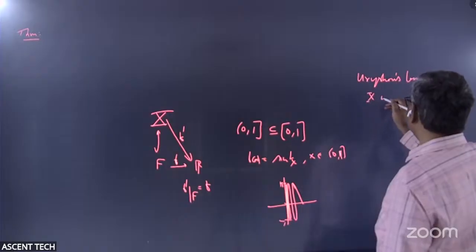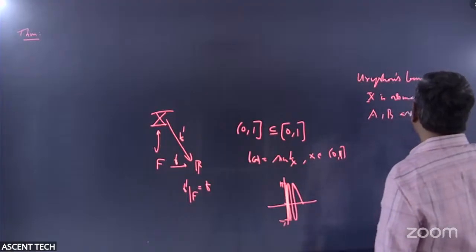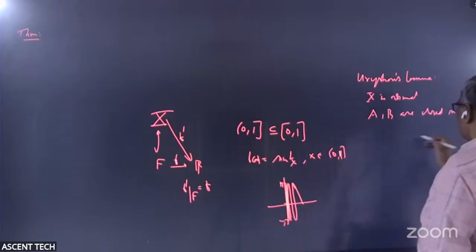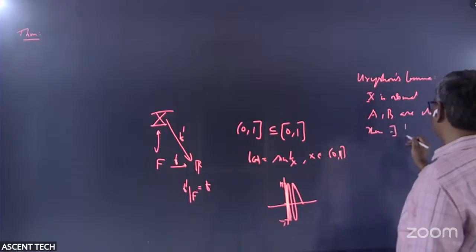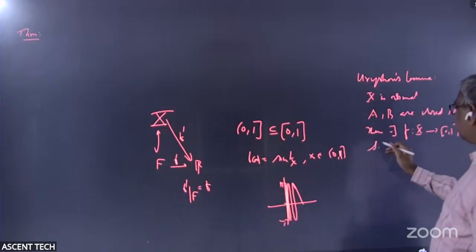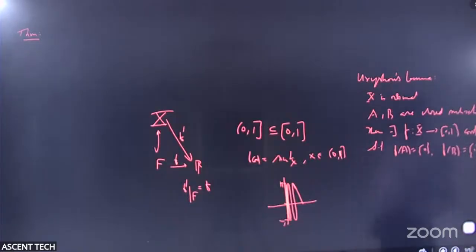X is a normal space, and if A and B are closed subsets of X, then there exists a continuous function f from X to [0, 1] such that f(A) is the singleton 0 and f(B) is the singleton 1. That's what I can really find. Of course, I can say [0, 1].